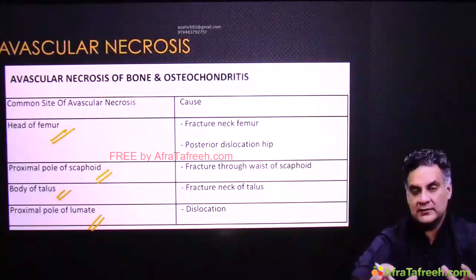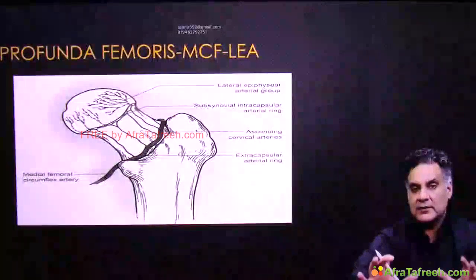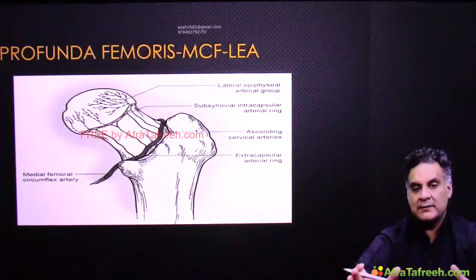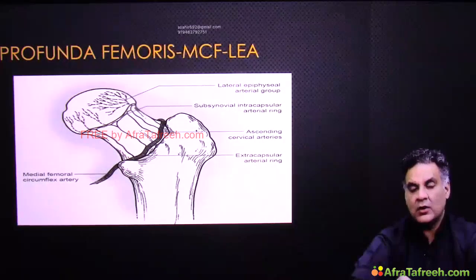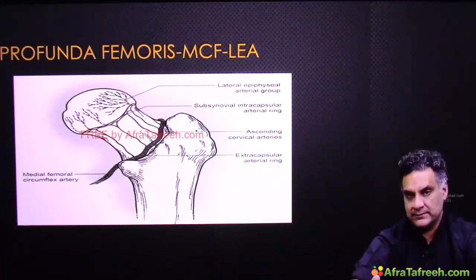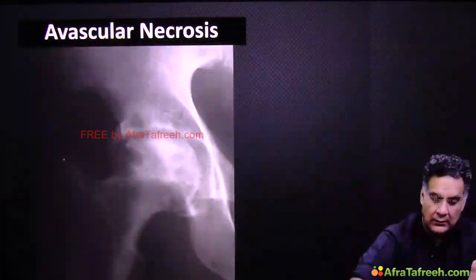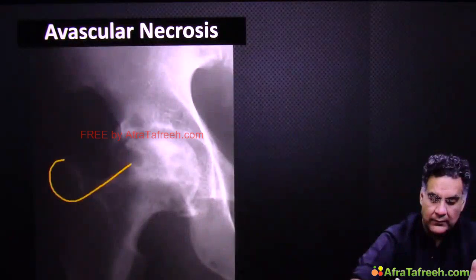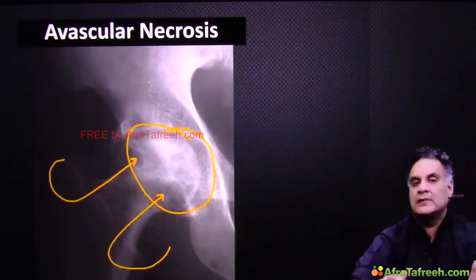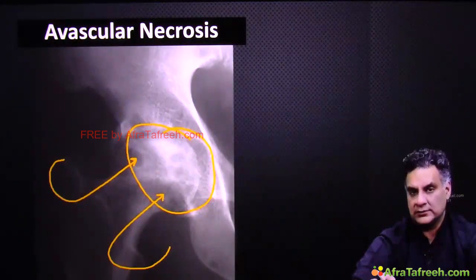These are 7 areas. The avascular necrosis of the head is related to the main blood supply being damaged: the profunda femoris, or the medial circumflex femoral artery, or its branches, the lateral epiphyseal arteries. The blood supply goes from distal to proximal. That is why the proximal area undergoes avascular necrosis.